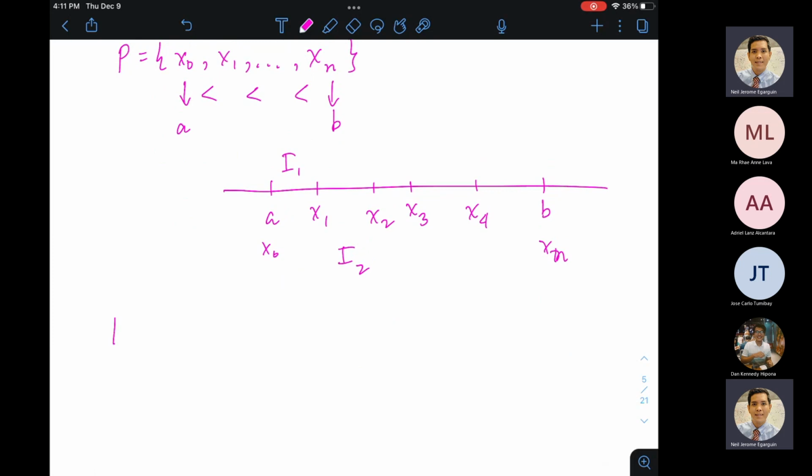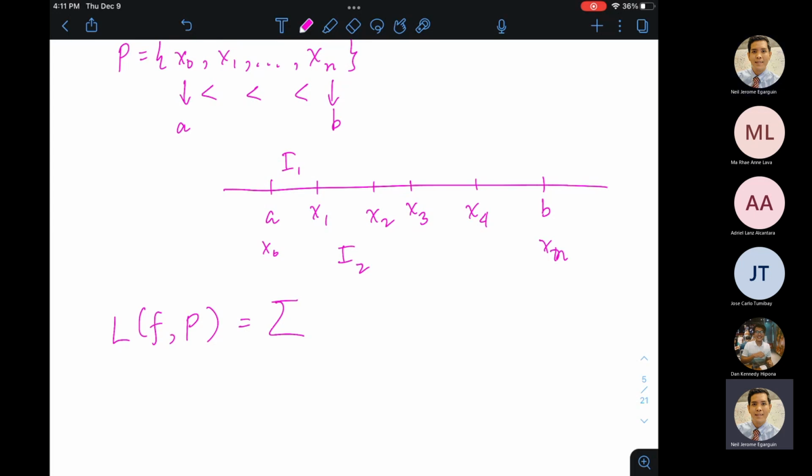Pero pag meron kang, pagkukompute mo yung lower sum or lower Riemann sum ng isang function f relative to a partition inducer P, siya lamang yung sum ng mga areas ng mga rectangles over the subintervals induced by P, wherein the heights of each of the rectangles will be determined by the infima, or in our case, the minima, ng mga function values sa bawat subintervals.